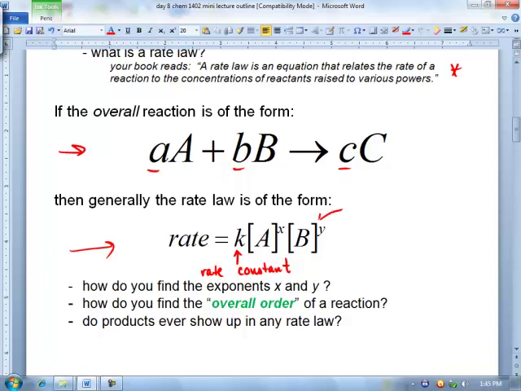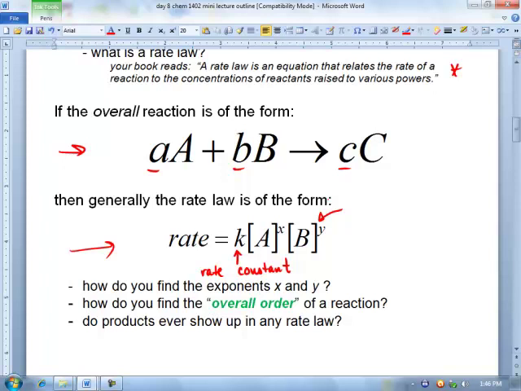I think we did this in 1401. We did this when you wrote equilibrium constants. The concentrations of the products over the concentrations of the reactants. That's not what this is, but we wrote the compound in brackets.